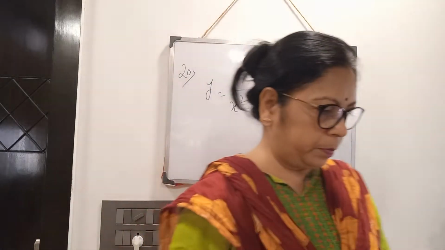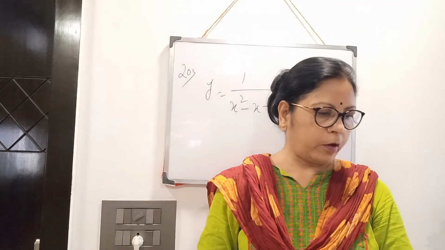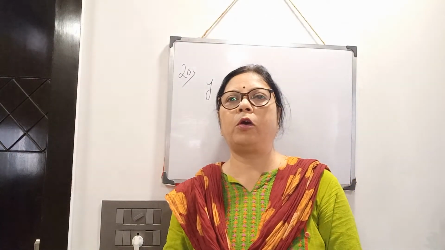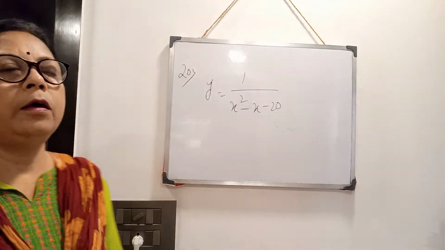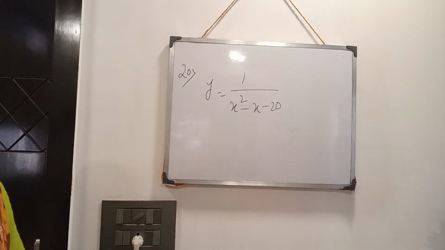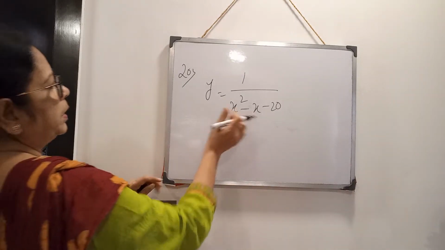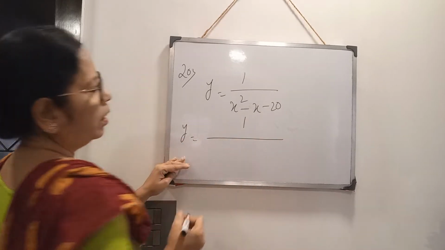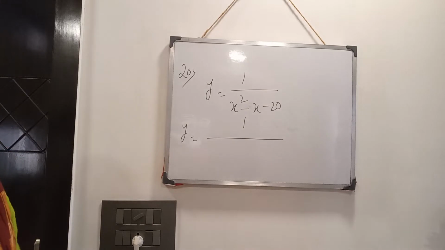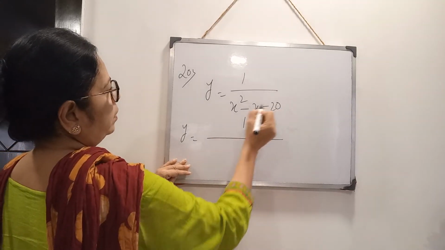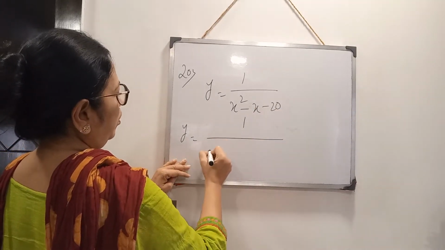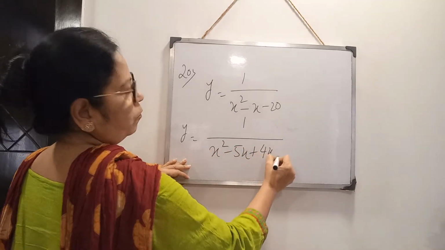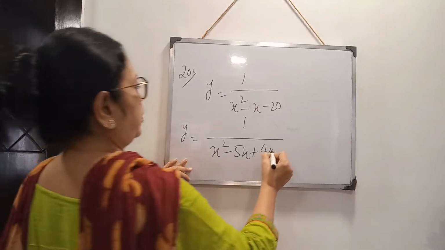It is told here, for which values of x the value of y cannot be obtained. Clear? So first we will find the middle term factor. x square minus x minus 20. What are the factors of 20? 5 and 4. So the middle term will be minus 5x plus 4x minus 20.